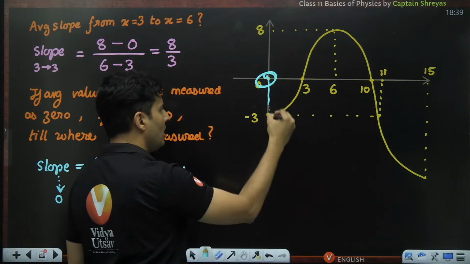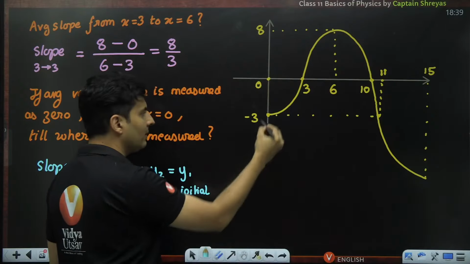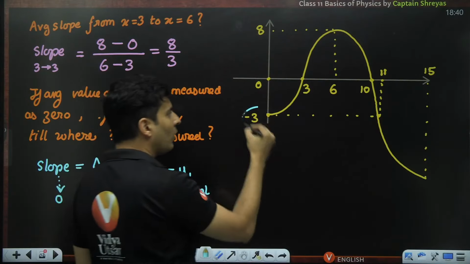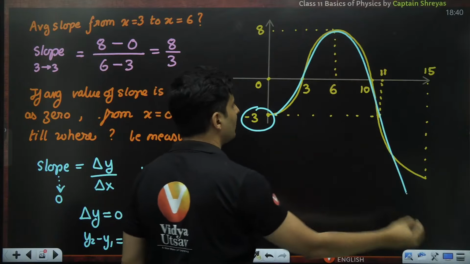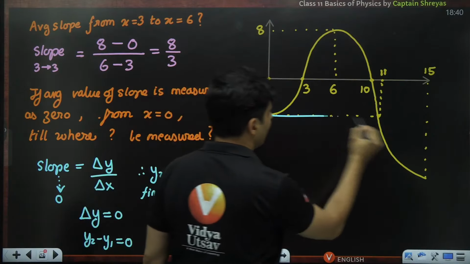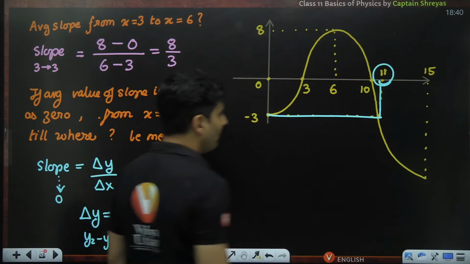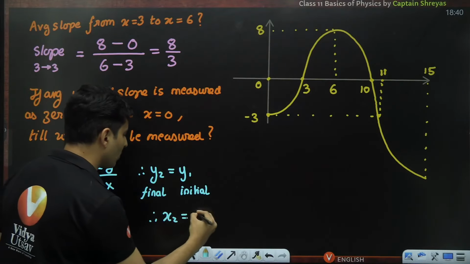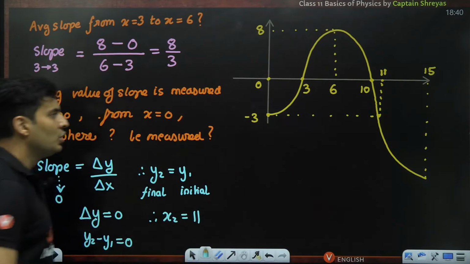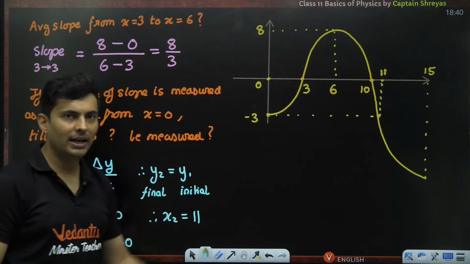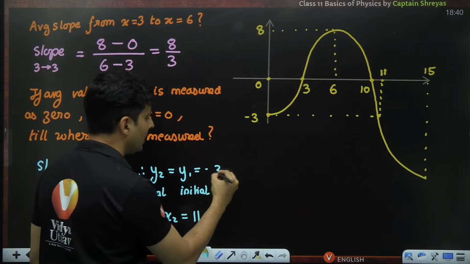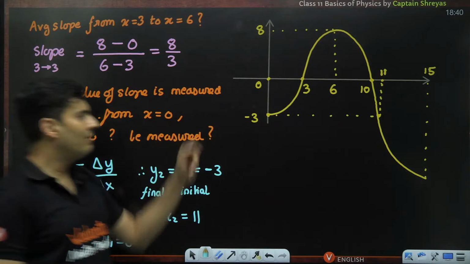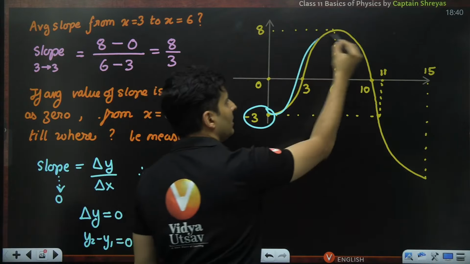When x is 0, the y coordinate was -3. So when is the y coordinate again -3 in this curve? It is very obvious. It is exactly over here when x is equal to 11. Therefore, when x2 is equal to 11, you will see that the y coordinate is exactly -3. So that is the point. So you will be measuring the average value from here till here.